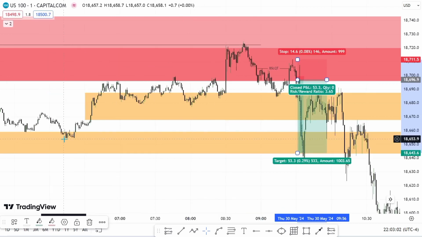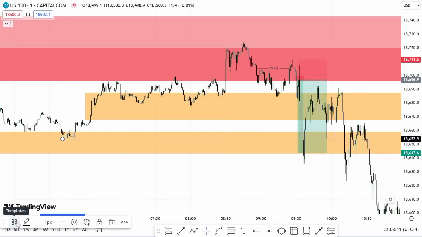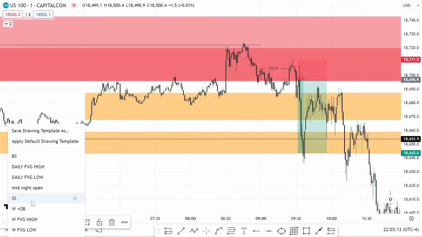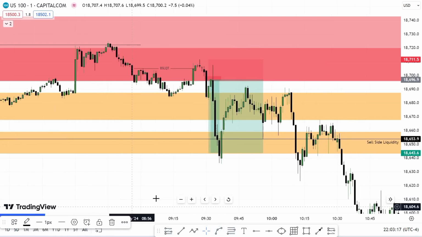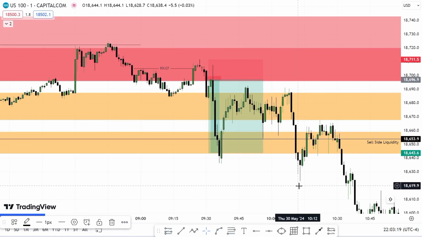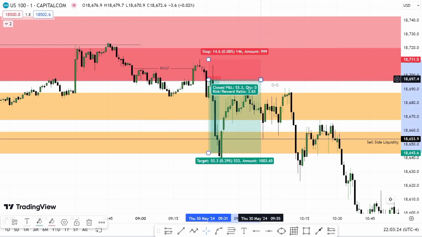Let's say the sell side liquidity right here. So that would have been what you would have anticipated if you saw it early.